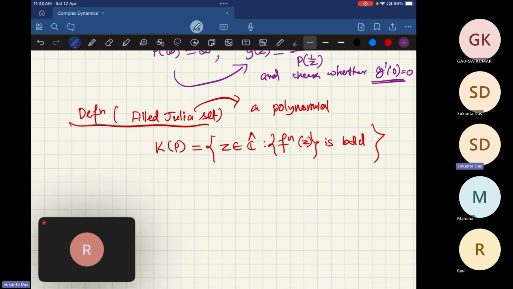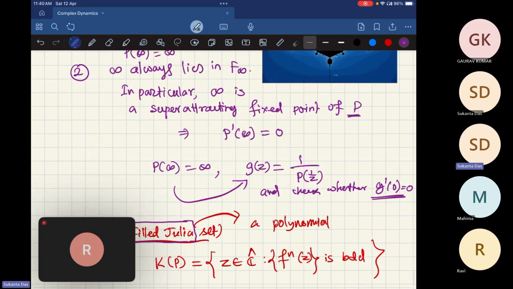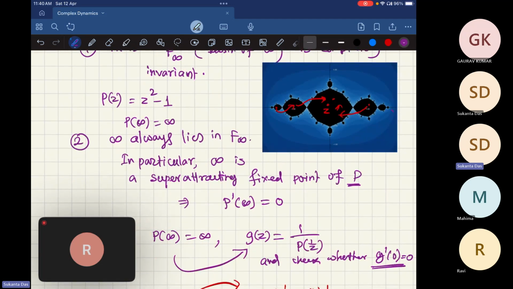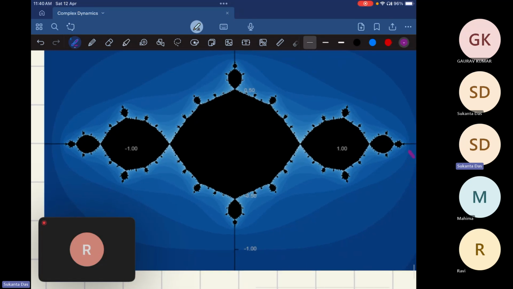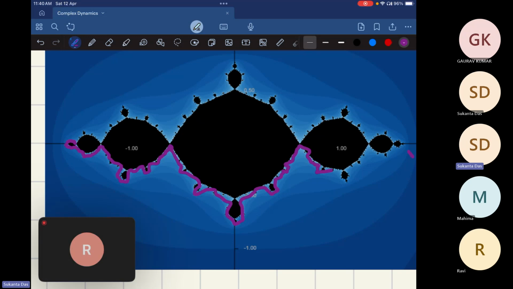And why the term filled Julia set? Why this terminology? I will just write in a minute that, as I have mentioned earlier, the Julia set of this polynomial is basically the boundary of this, right? The boundary of this is precisely the Julia set of the polynomial, as I mentioned last time.